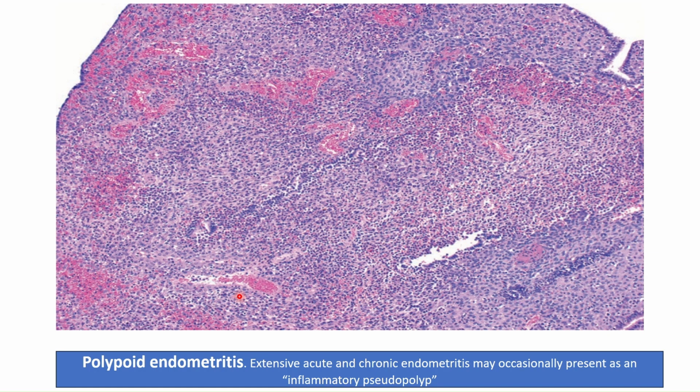Some mimics are there, like polypoidal endometritis, in which the epithelium of the endometrium takes the shape of a polyp, which is not a true polyp.